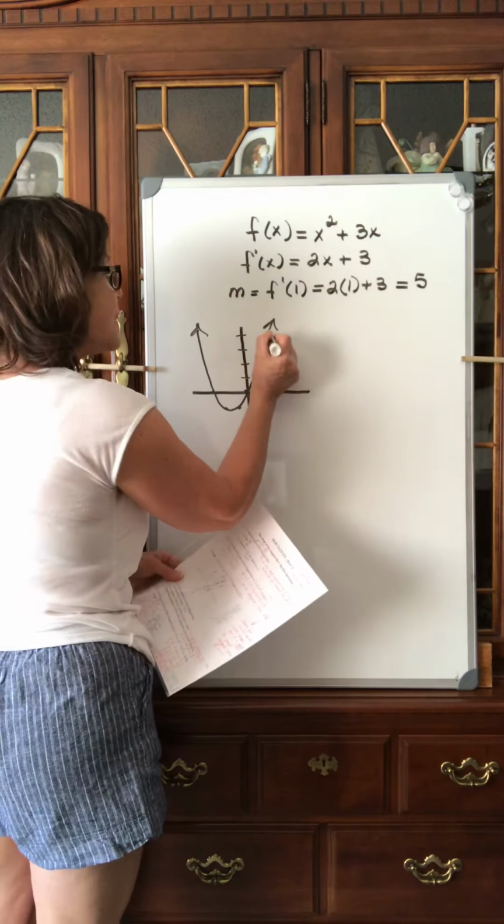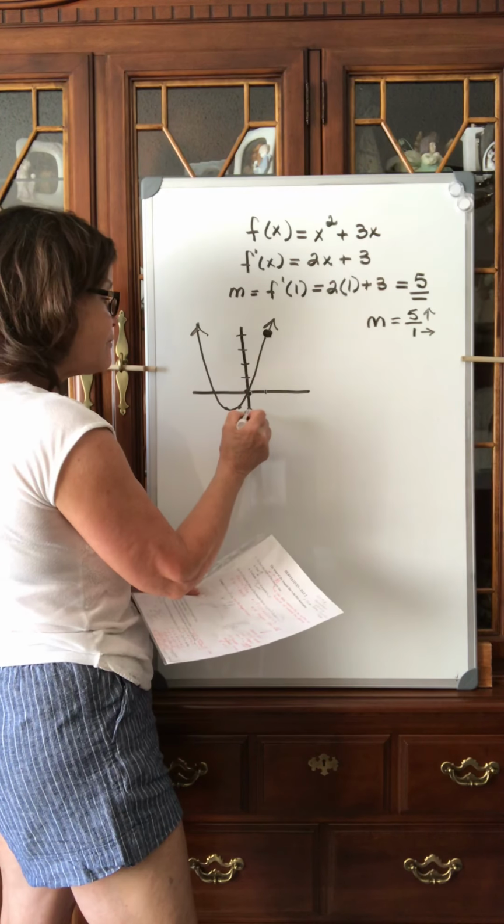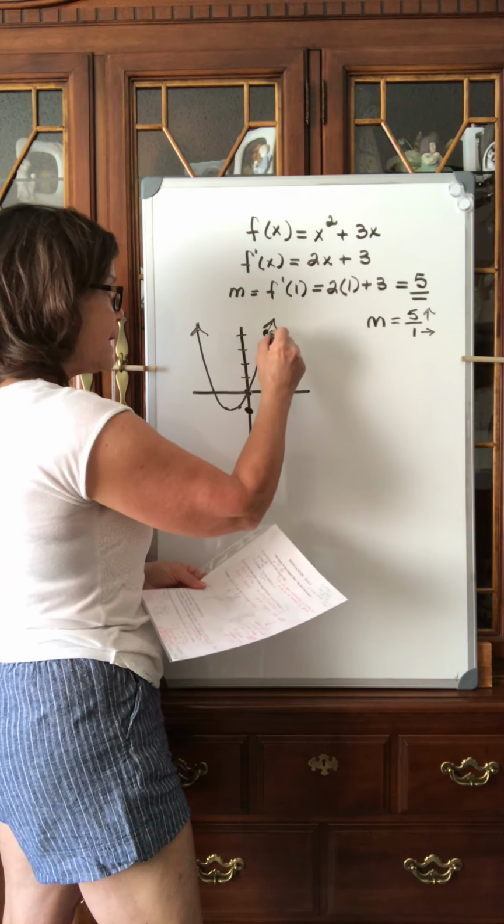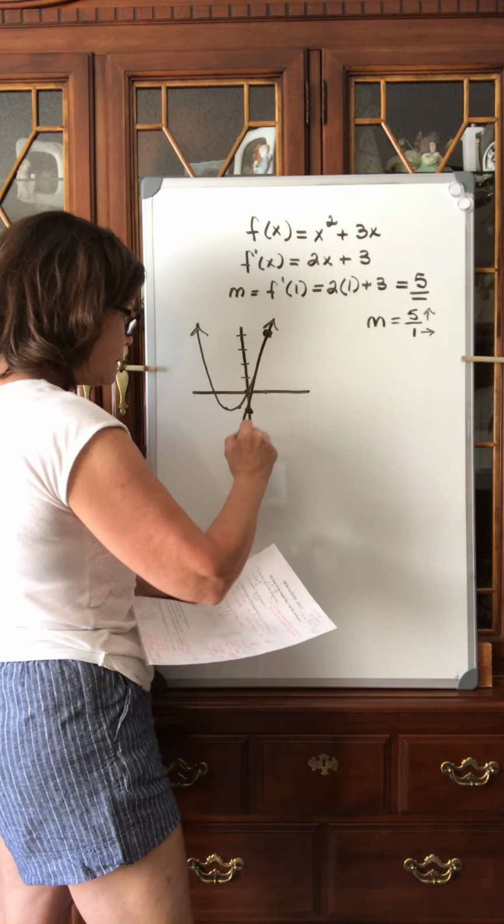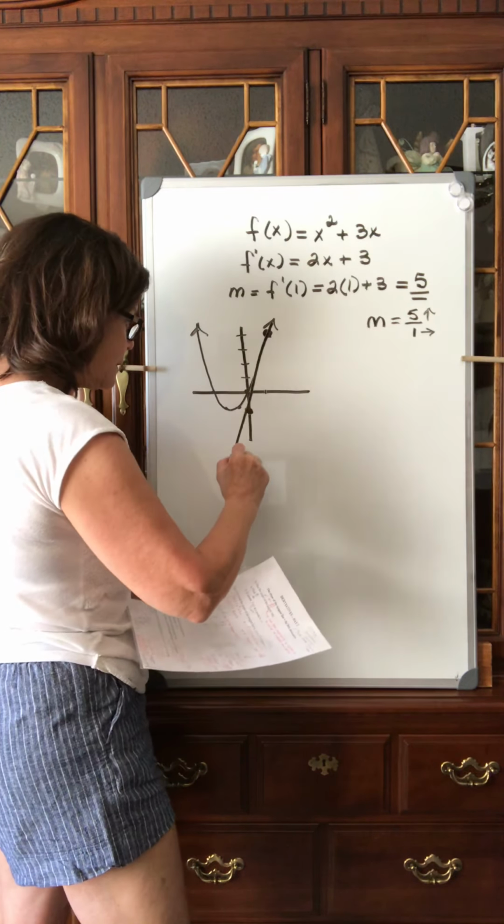Because it's positive, you would go up 5 and to the right 1 to graph this line. So you would start here, you'd go up 5 to the right 1, or you could go down 5 to the left 1. And this line would be the line that's tangent to that parabola at an x value of 1.